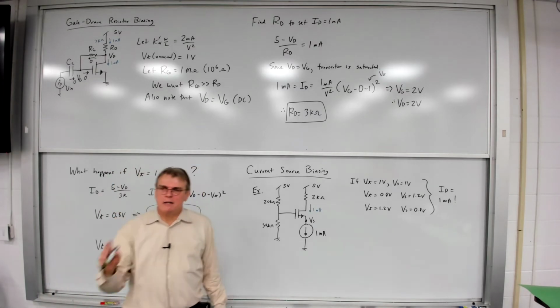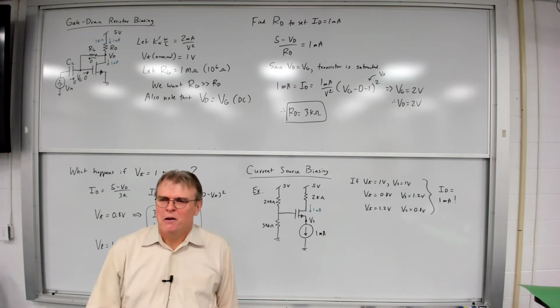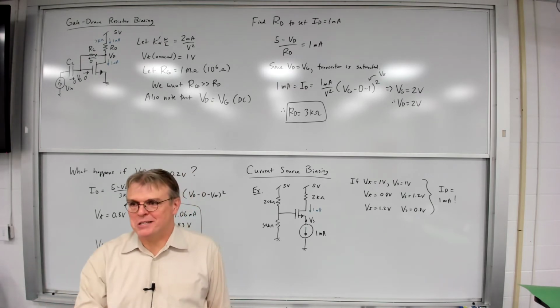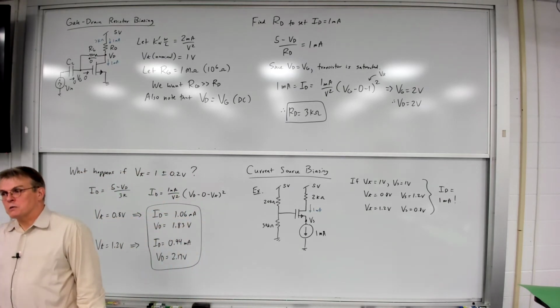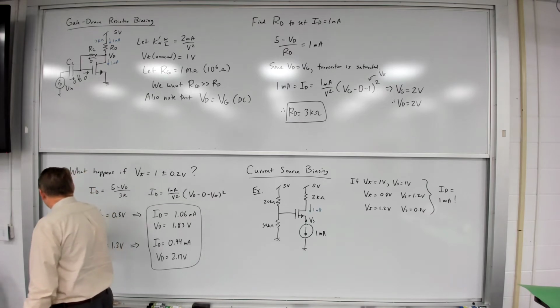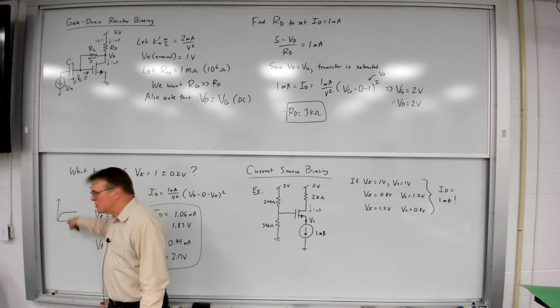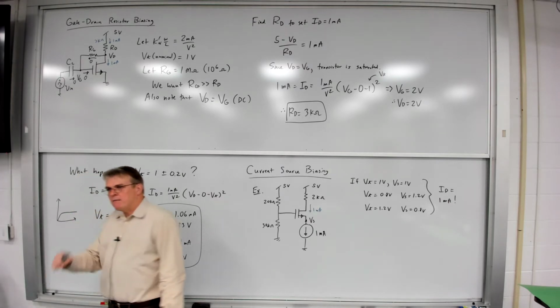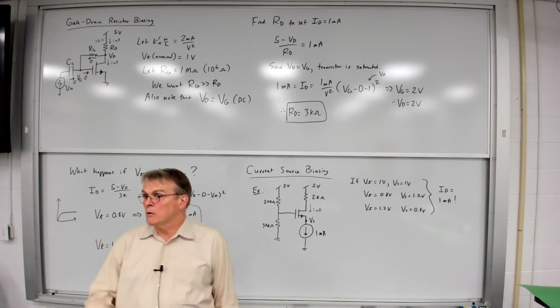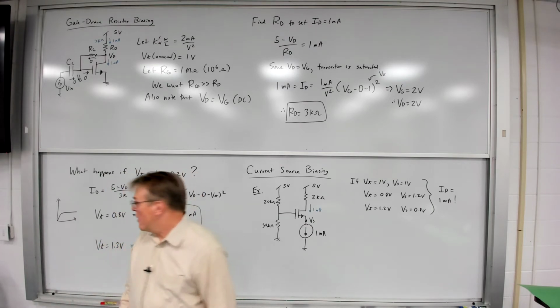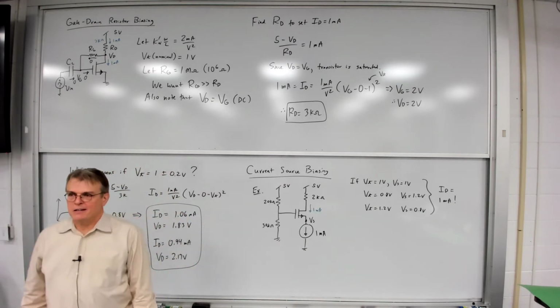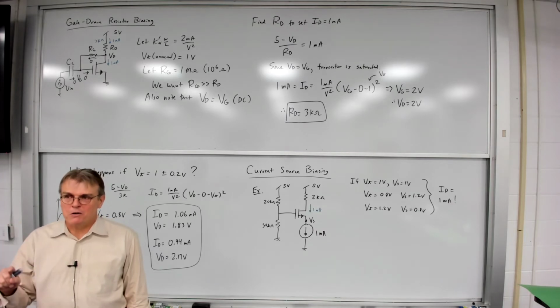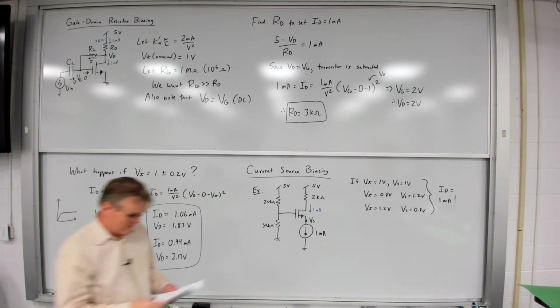What did we say about transistors, MOSFETs, and saturation? What do they behave like? Current sources. What do bipolar transistors in forward active behave like? Current sources. We saw that in the curves we did before, where once we got out to that saturation or forward active region, the current remained the same, even if we changed the voltage across the collector and the emitter or the drain and the source. So if I want to make a current source, I can't pull an ideal element out of a box, but I can certainly create a current source using a second transistor.